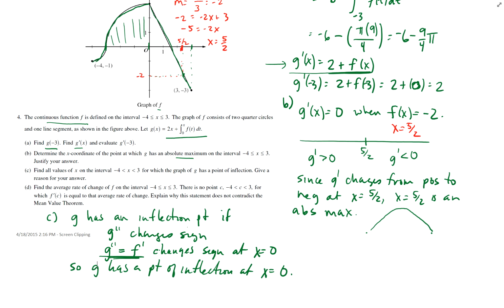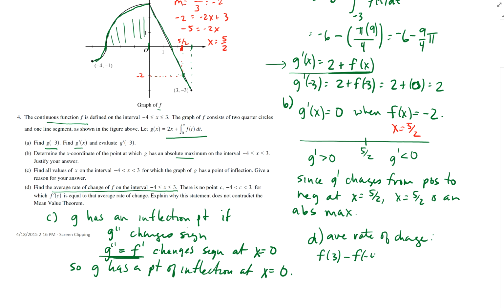Okay, and then D, we'll try to squeeze D in here. Let me erase this a little bit. D says this: find the average rate of change, not the average value, but the average rate of change on that interval, and the average rate of change is going to be this. f of 3, that's the slope of the secant line, right?